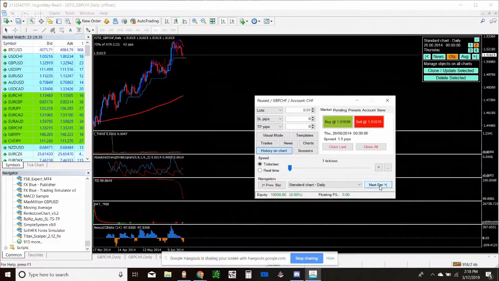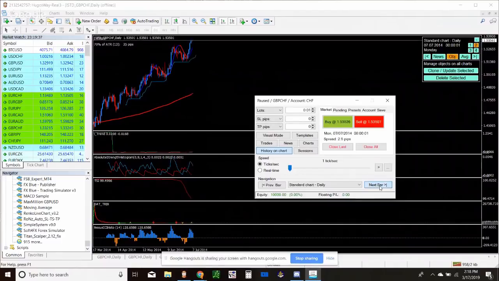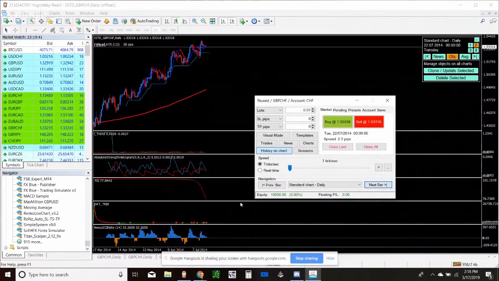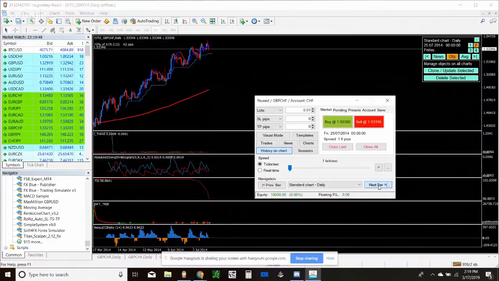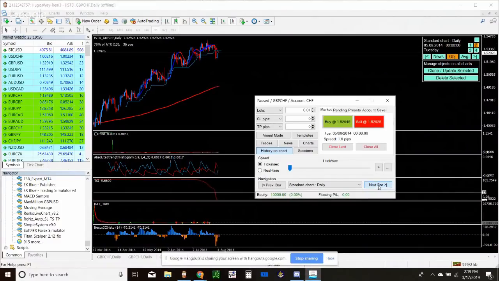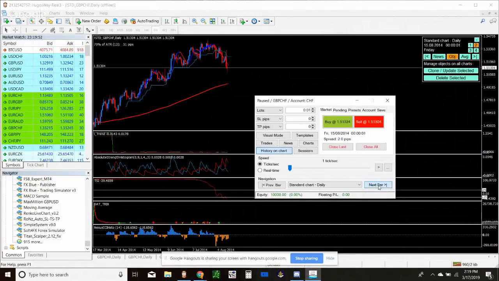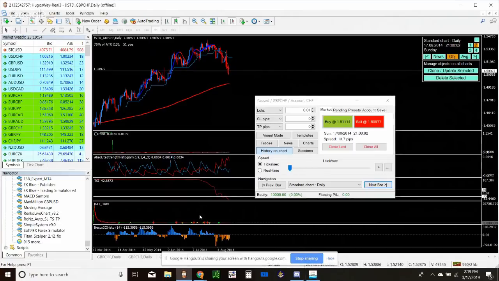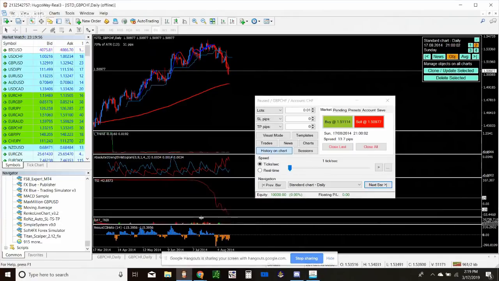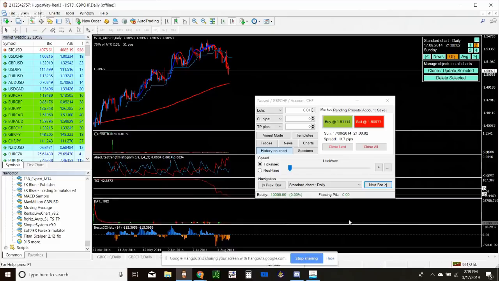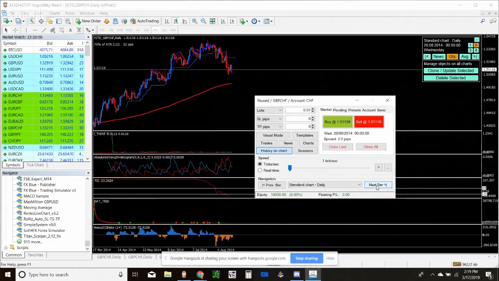I'll go forward a little bit just so that we make sure. I don't know why that one is not loading up for us, but it will in a sec.